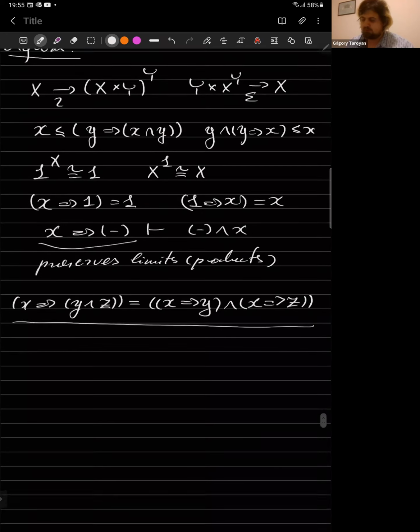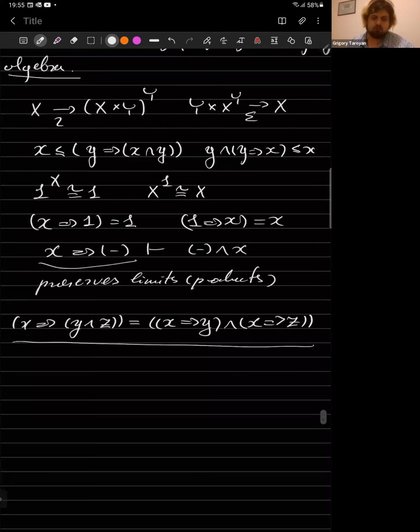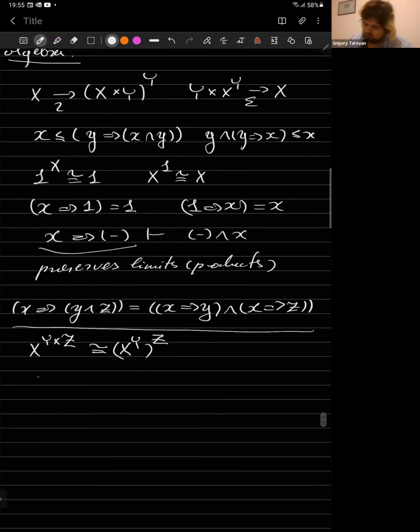Similarly, one can write down the associativity condition for taking exponentials. So we have an isomorphism. And we may write it down in a Heyting algebra like this.